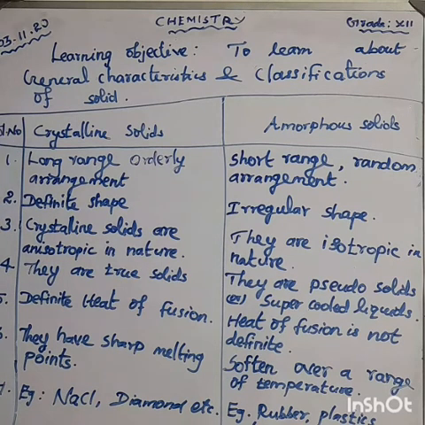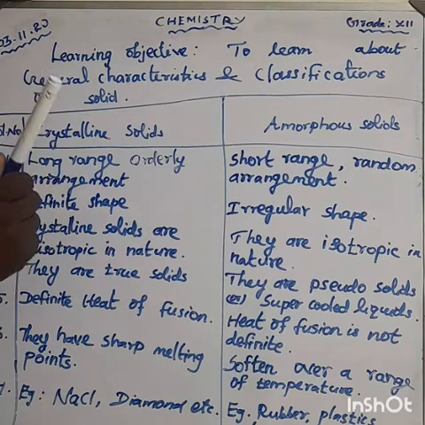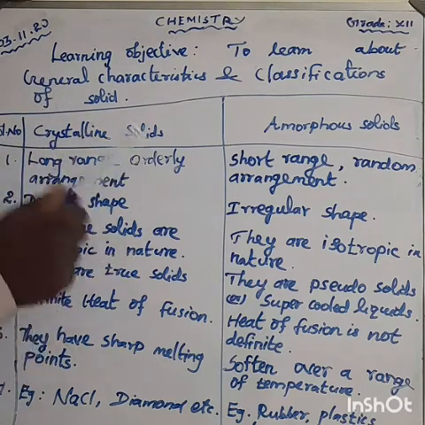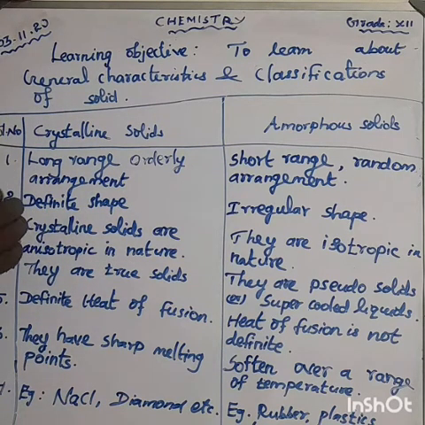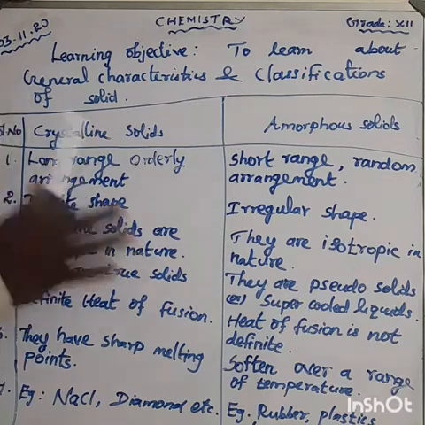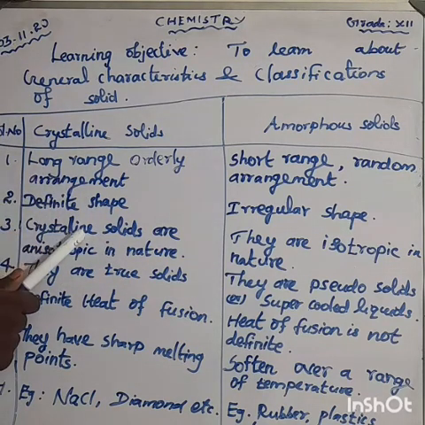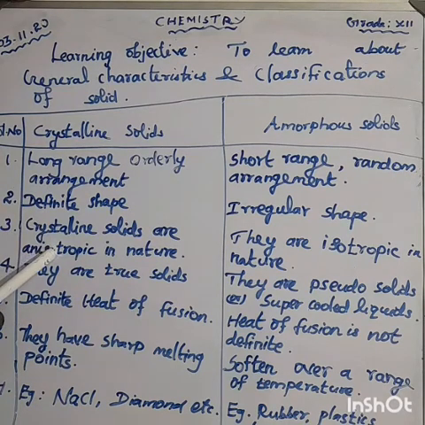And crystalline solids are anisotropic in nature. What does anisotropic mean? It is a property which depends on the direction of measurement. That is called anisotropic.